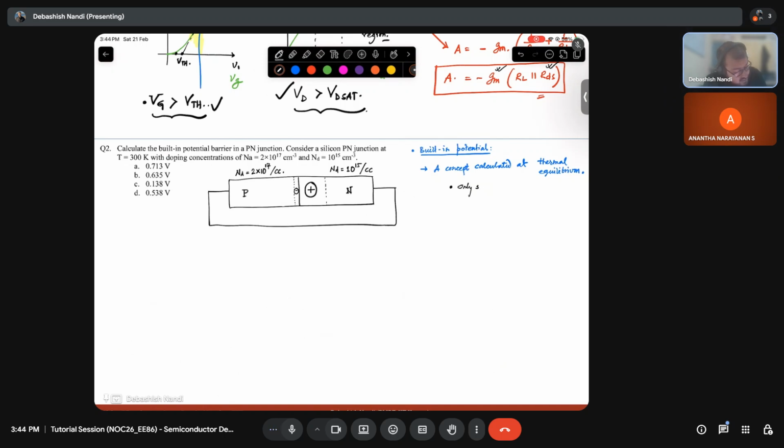Only source of energy is constant temperature. No net carrier flow at any cross section.